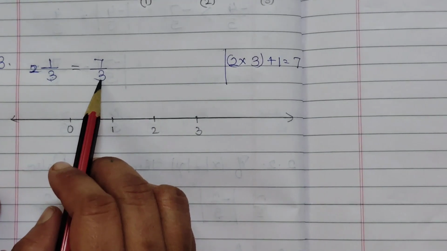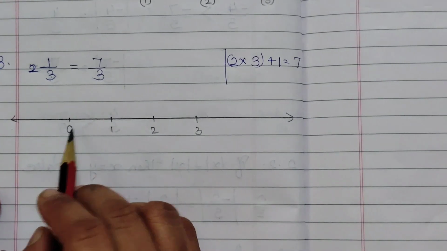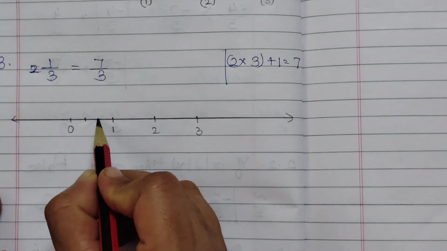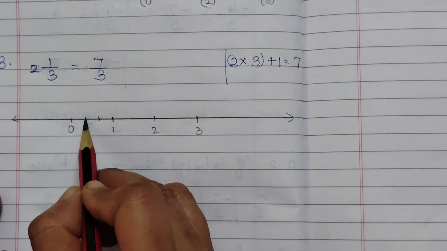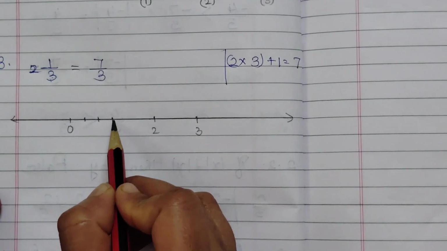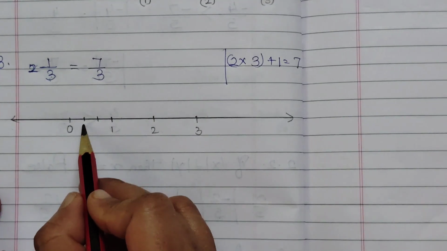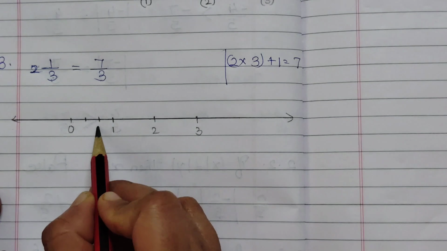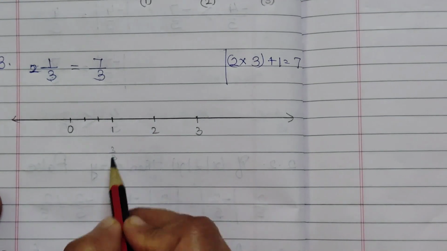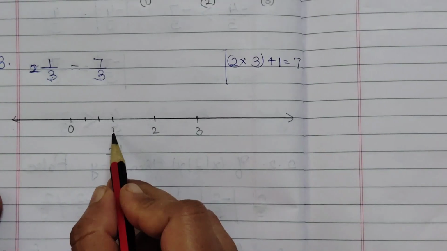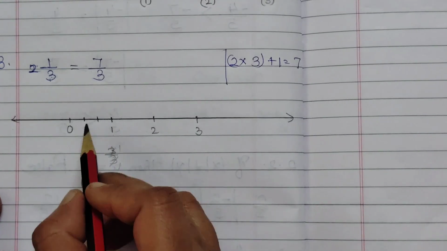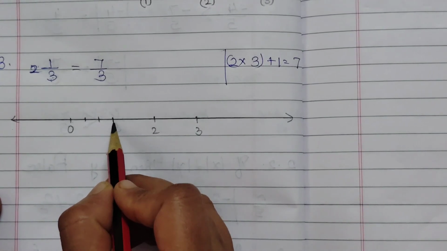Now the denominator is 3, so between these, how many lines will we draw? 1 and 2. Why? After 0, when we count, this is 1, 2, 3. So this will be 1 upon 3, 2 upon 3, and this will be 3 upon 3. When we cancel, 3 ones are 3 ones, we get this 1. Understood? So that is why this is 1 upon 3, 2 upon 3, 3 upon 3.